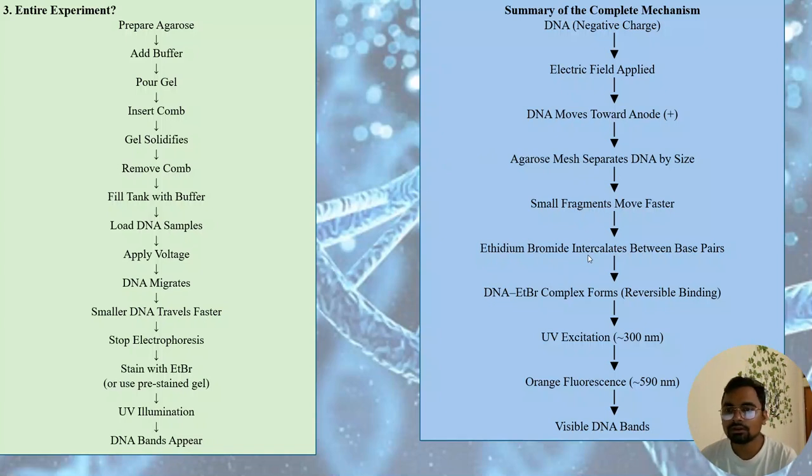Ethidium bromide intercalates between the DNA base pairs, forming a DNA-ethidium bromide complex. With UV excitation at 300 nanometers, it gives orange fluorescence at 590 nanometers, making the DNA visible.